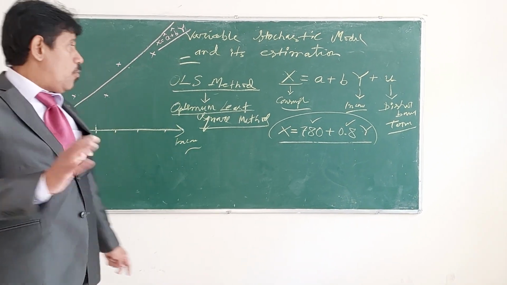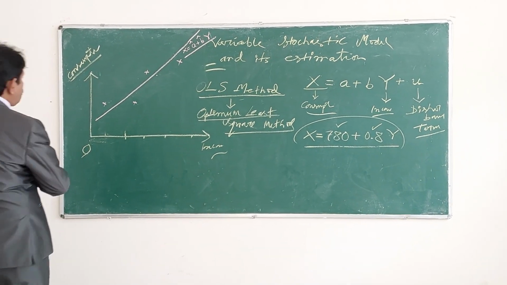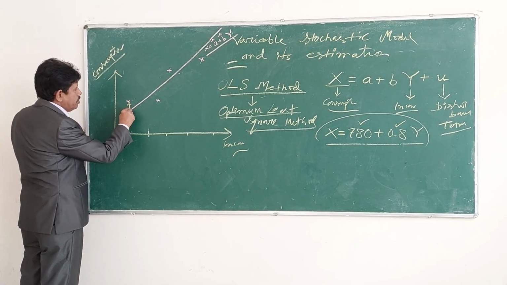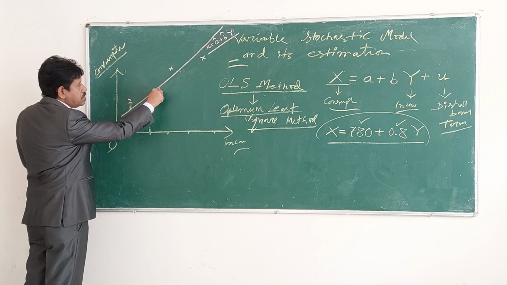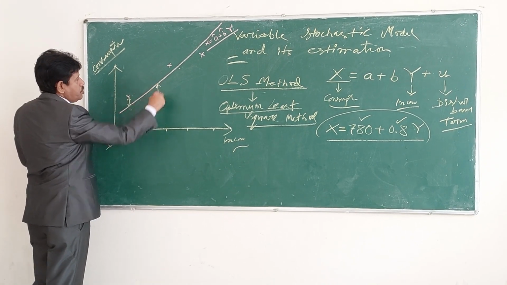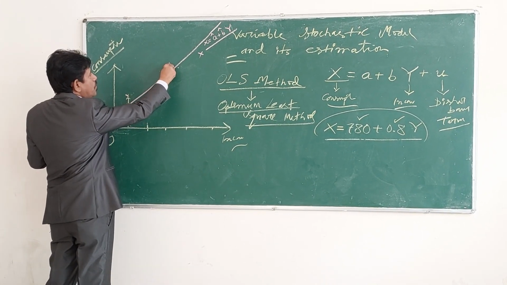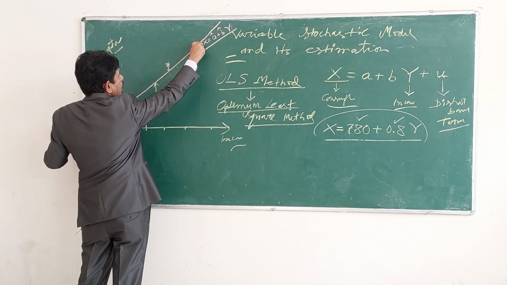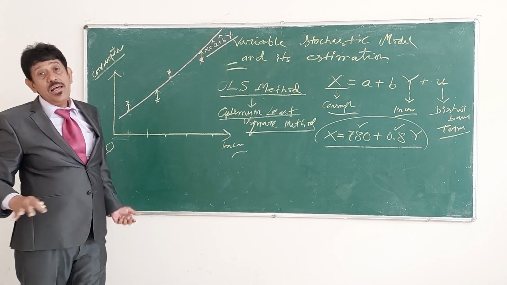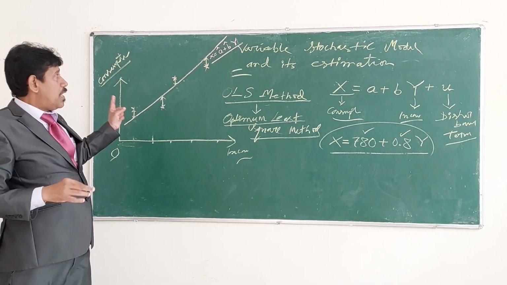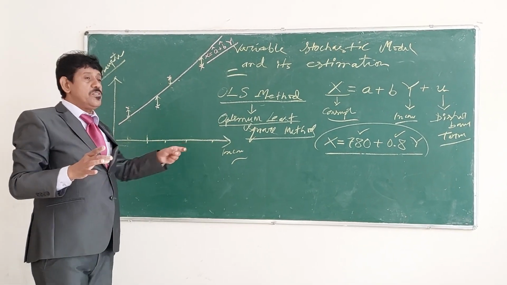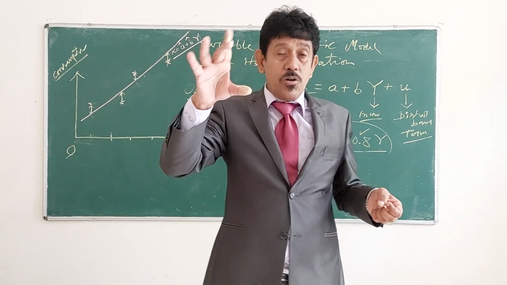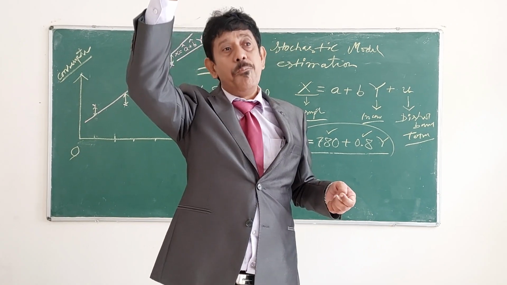Now, what are deviations? This is one deviation. This is another deviation. This is another deviation. And similarly, this is another deviation. So these are the deviations of the various income consumption combinations from the line of best fit.